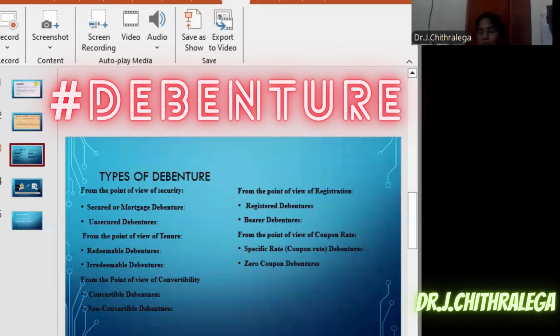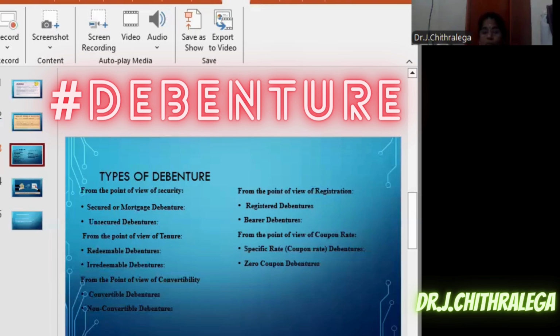The next type is zero coupon debentures, which do not carry a specific rate of interest, but are issued at a substantial discount, and the difference between the nominal value and the issue price is treated as the amount of interest related to the duration of the debentures. Here is an example.